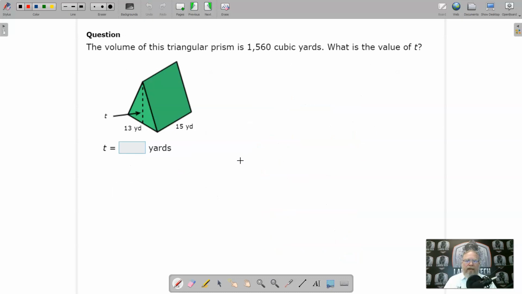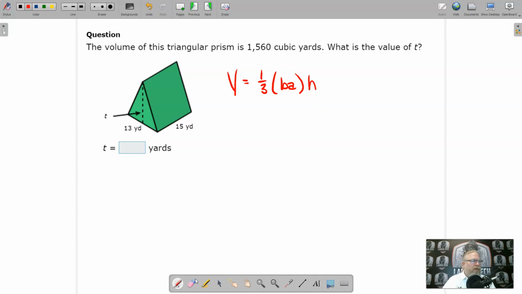Then from there, the next questions, as they get more difficult toward the end of this activity, they actually give you the volume, and then they want to know what is one of the missing variables. In this case, they want to know what is the value of t, the height of the base here. So for a triangular prism, let's remember that volume is equal to 1/3 times, and I'm going to do BA for base area this time instead of writing the whole thing out, times the height of the prism.